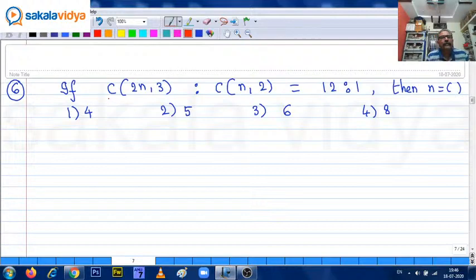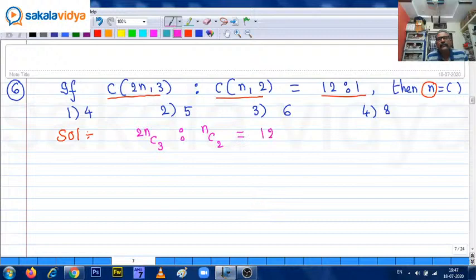So 2nC3 is to nC2 equals to 12:1. Then we need to find out the value of n. So that means solution here, 2nC3 is to nC2 equals to 12:1.